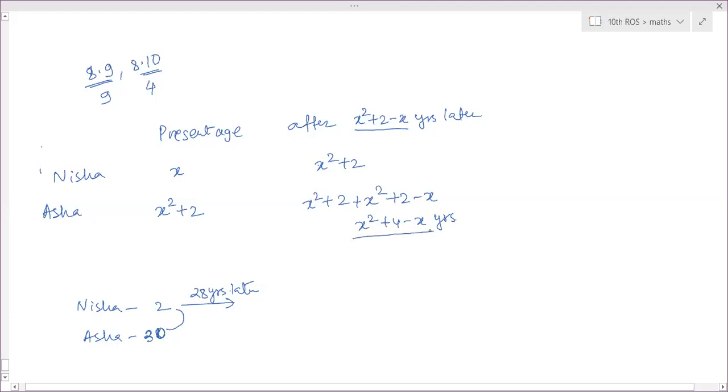Now what is the relation given? At that time, Asha's age would be 1 year less than 10 times the present age of Nisha. Asha's new age is 1 year less than 10 times Nisha's present age.